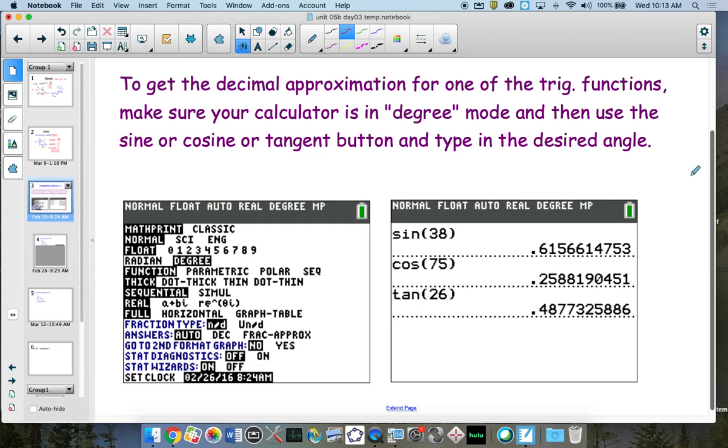Punch it in, it's about 0.615 or 616. What's the cosine of 75? What's the tangent of 26? Those are decimals, which we could write as a ratio, but the calculator isn't going to give us fractions for all these because they would be really complicated fractions. So they're just giving us the decimals for these.